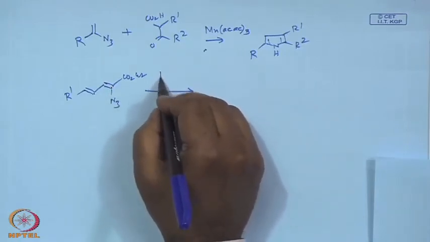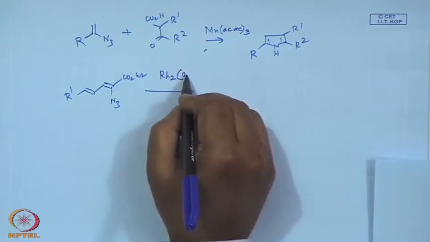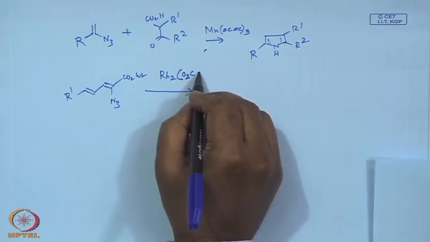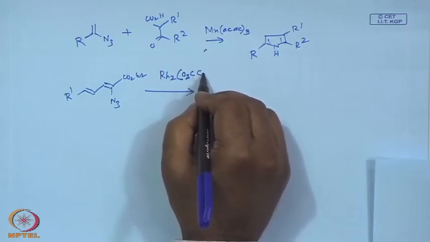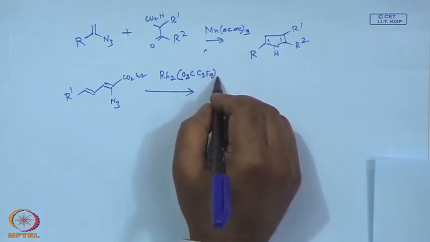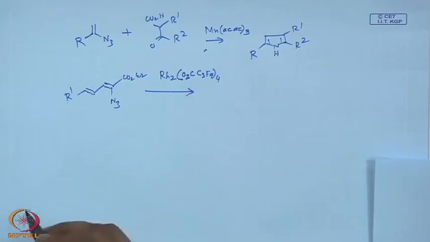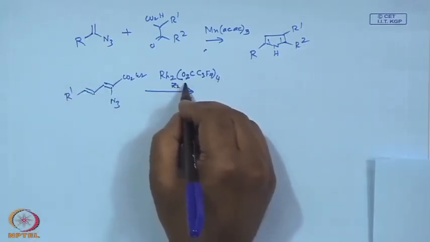What you will find if you use dirhodium carboxylate, in this case the carboxylic acid is a heptafluoropropionate, and normally it is I think dirhodium, it has to be 4, and with a catalytic amount of zinc iodide.